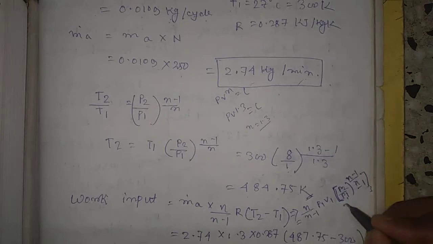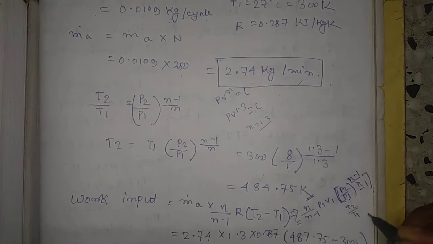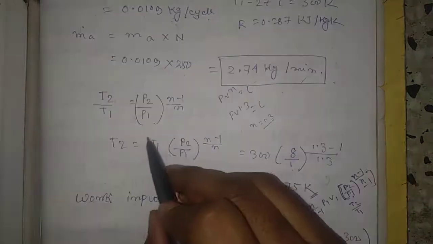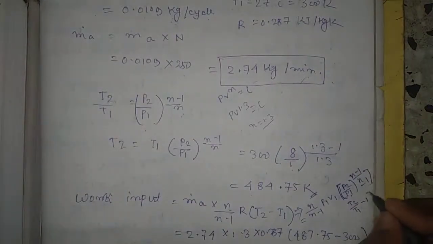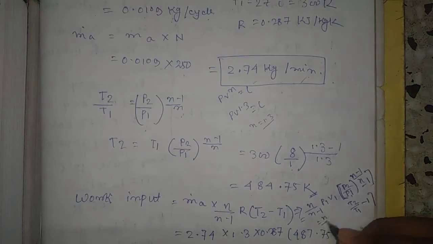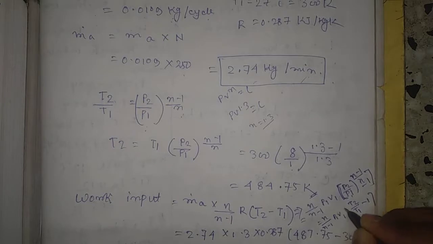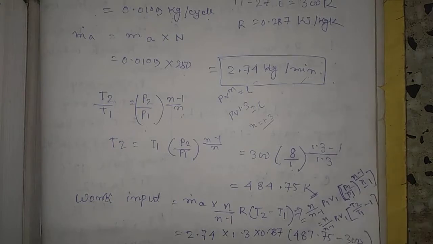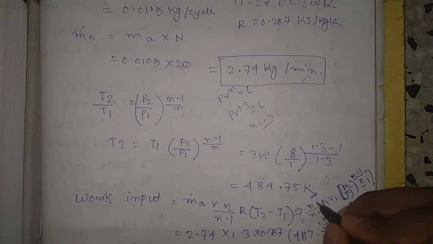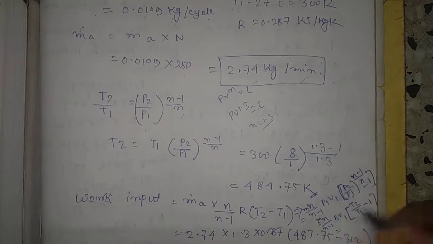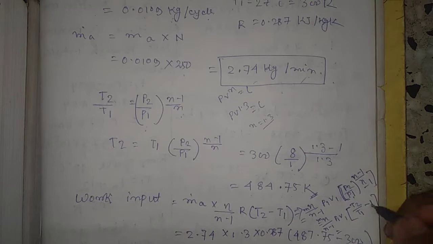P2 by P1 to the power n minus 1 by n is nothing but T2 by T1. So n by n minus 1 P1 V1, and T1 will be cancelled. Now the mass of air, we are assuming not 1 kg here, so m will be included.